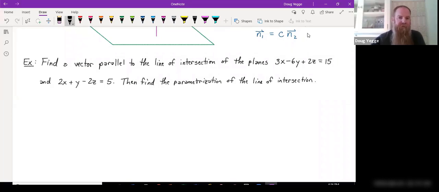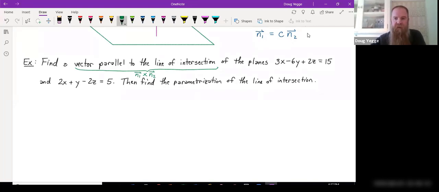Let's start deciphering in this problem what we have and what we're going to need and what we're being asked for. First of all, it says find a vector parallel to the line of intersection. Well, based on our diagram we just saw earlier, a vector parallel to the line of intersection of two planes is just going to be the cross product between the two normal vectors of those planes.